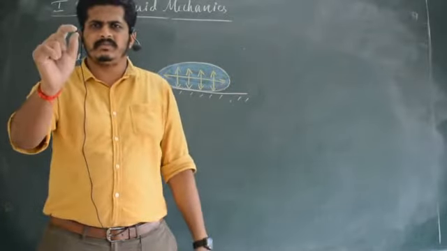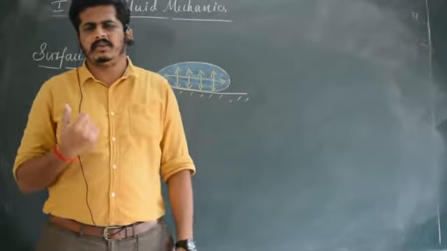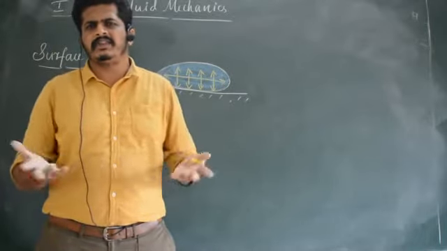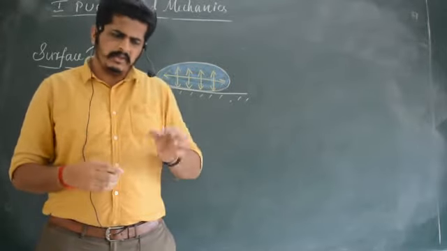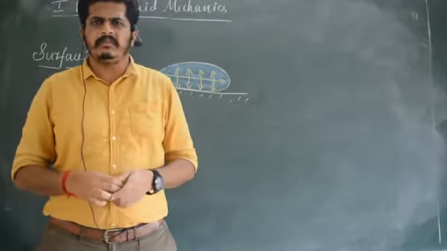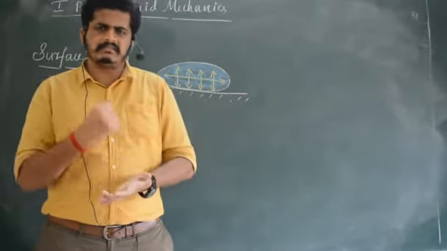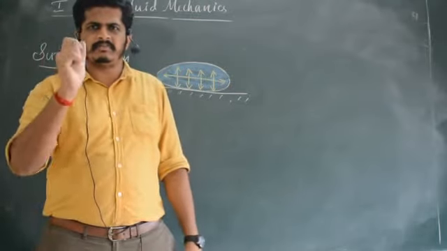Lead shots means small spherical metallic spheres will be used. Millions and billions are being manufactured. But do you think that each small sphere is made by a person who takes some metal and starts hitting from all directions and gives it the shape of a sphere? Is it so?